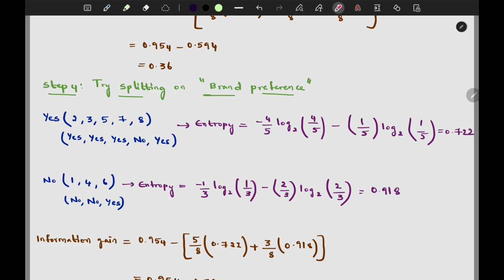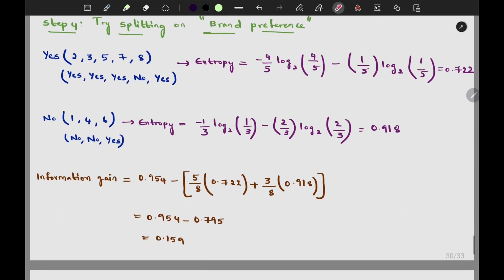So if you see here, now I have yes observations as 5 and no observations as 3. So to calculate information gain: overall entropy minus 5 divided by 8 into the entropy of the yes classification, plus 3 divided by 8 into 0.918. So now I got information gain as 0.159.